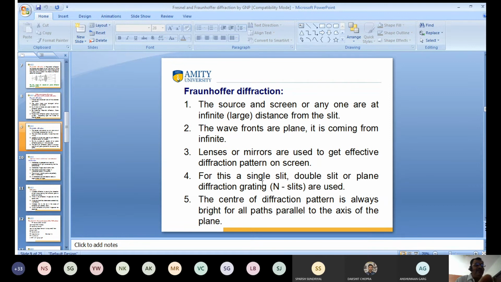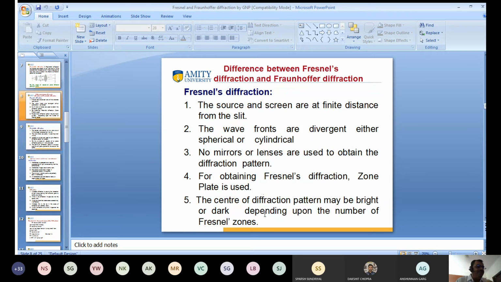This is the fourth difference. Again, the fifth one. The center of the diffraction pattern may be dark, may be bright. In the case of Fresnel diffraction pattern, the center may be bright or dark depending upon the number of Fresnel zones formed.